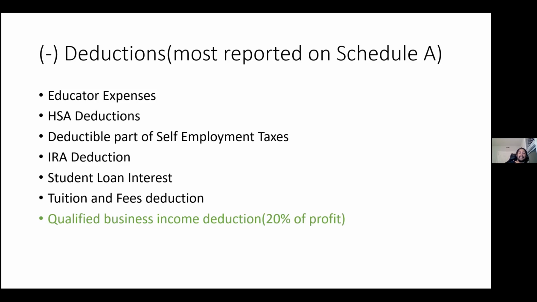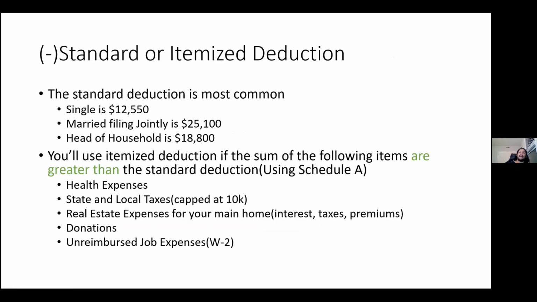The qualified business income deduction basically gives you 20% back if you made anything. So if your business is profitable for the year, that's just the government giving you 20% of it as a deduction. That means that at most you'll pay taxes on 80% of your profit as opposed to 100. So that's pretty nice. So we have income minus deductions minus the standard or itemized deduction.